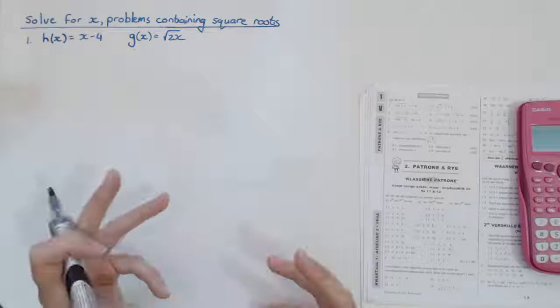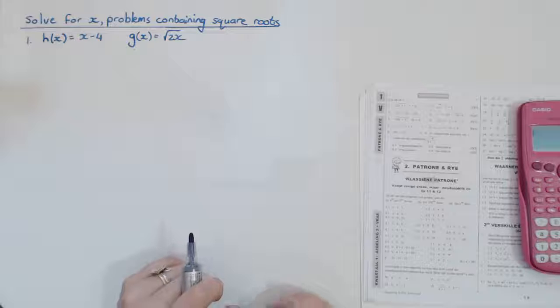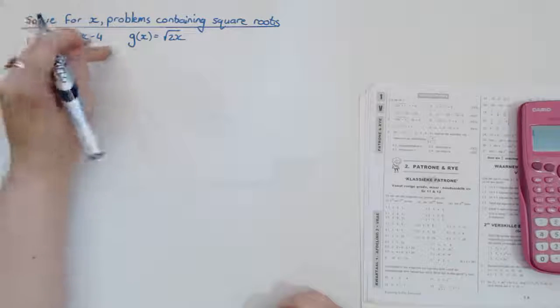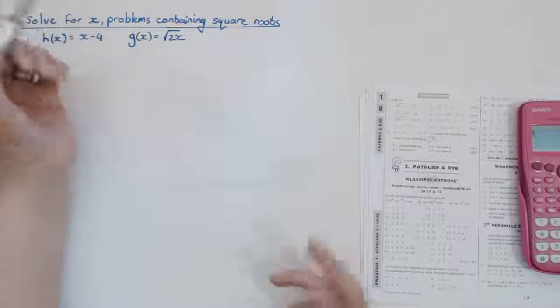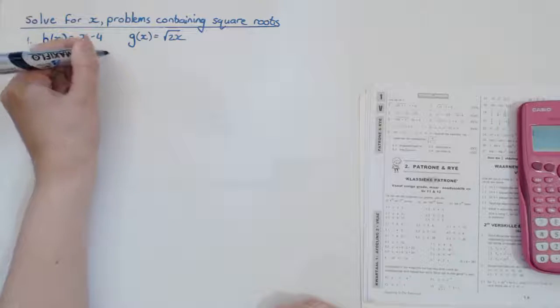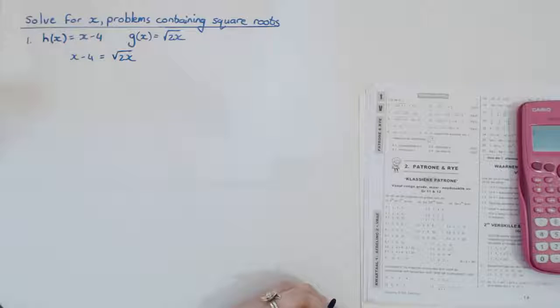Okay, now to determine an intercept, I want to solve simultaneously for h and g. Both of these are in the form y is equal to x minus 4 and y is equal to √2x. So I can literally just make the two y's equal to one another, meaning I'm simply going to set these two equations equal to one another, which is fairly easy, right?